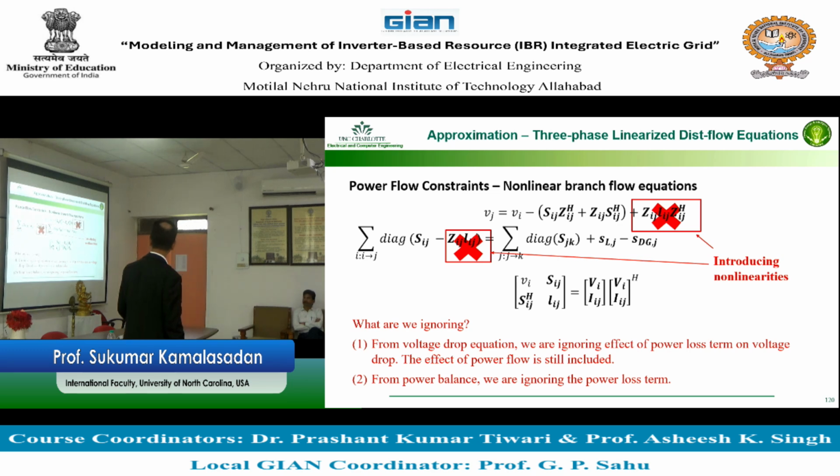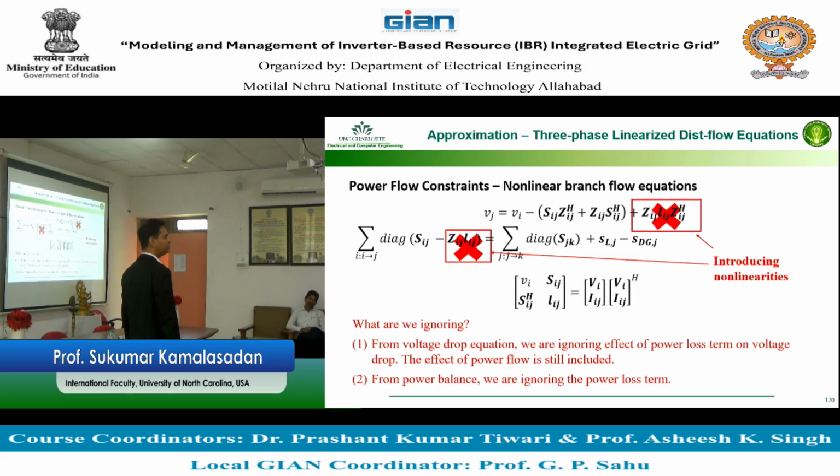What are we losing? What is this? I square times Z, right? We are ignoring, from the voltage drop, the effect of the power loss term on the voltage drop. The effect of power flow is still included. Power flow is happening, but the power loss term is neglected. From the power balance, we are ignoring the power loss term.